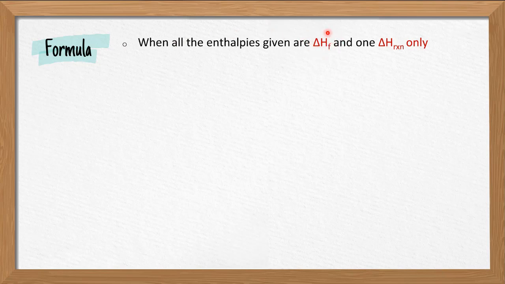These enthalpies of formation can be two, three, four, and so on, and only one enthalpy of reaction. These reactions can be combustion, neutralization, or just a reaction. So a few enthalpies of formation and only one enthalpy of reaction. And make sure that all the thermochemical equations are balanced because we need to use the stoichiometry ratio to apply this formula.